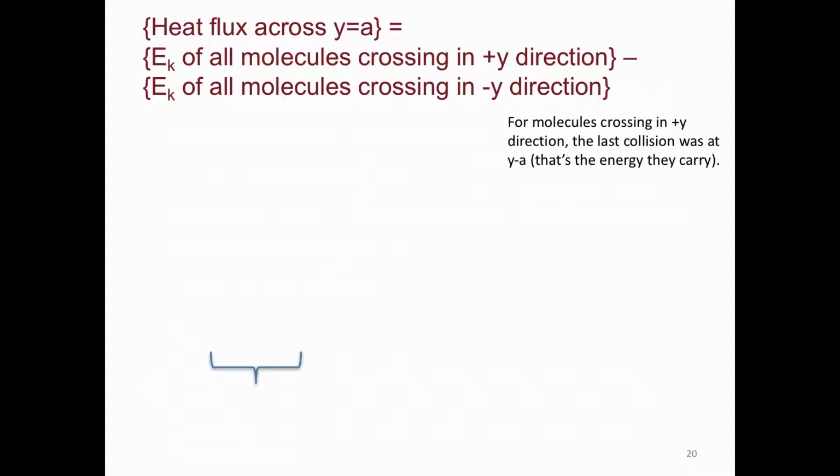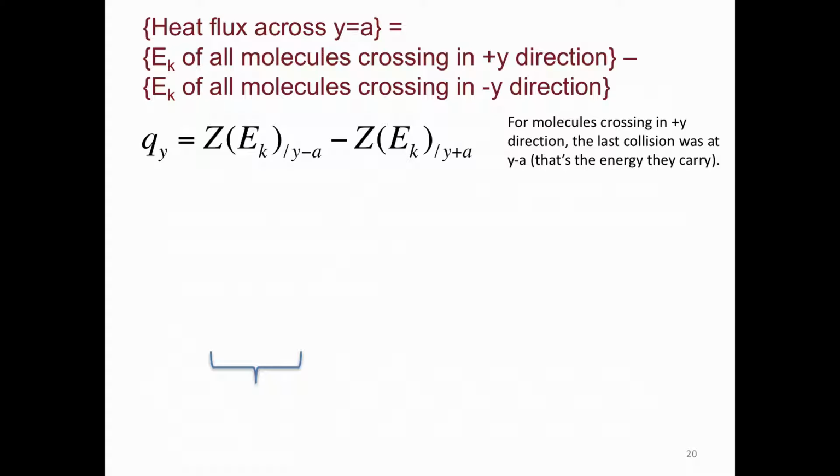So my heat flux across this y plane is the energy, or kinetic energy, of all molecules crossing in plus y direction minus that of molecules crossing in minus y. So how many of them? Z, that's my frequency of molecular bombardment, and I need to evaluate energy at the last collision, which for those moving in plus y direction was at y minus a, at that plane.